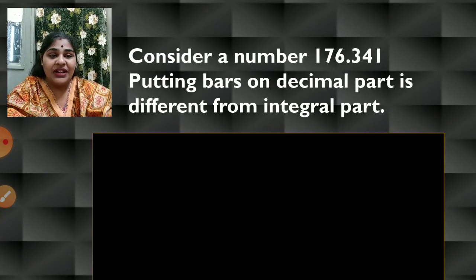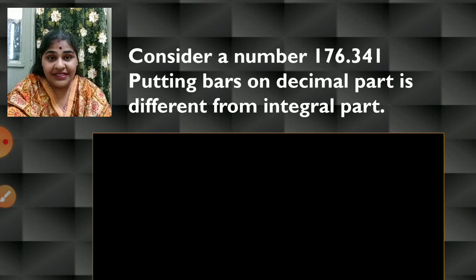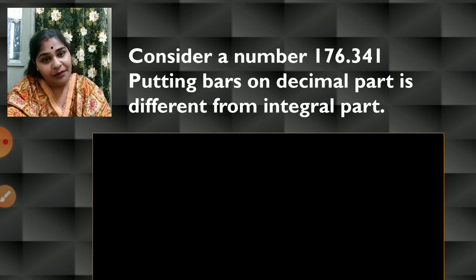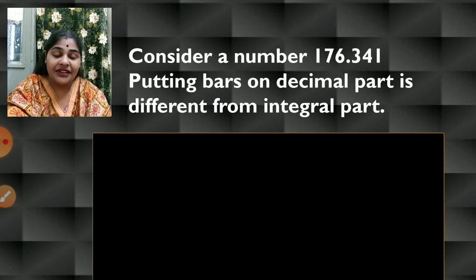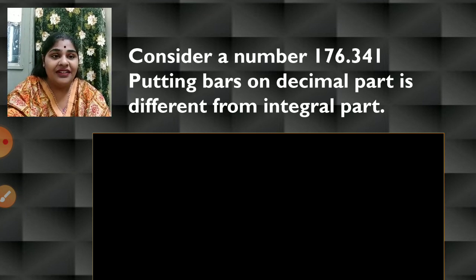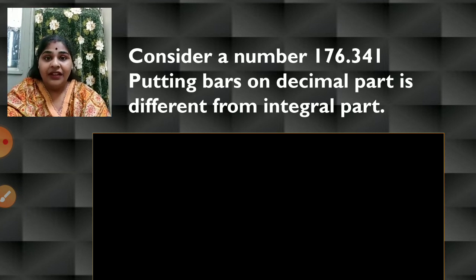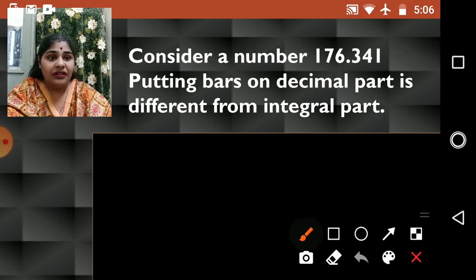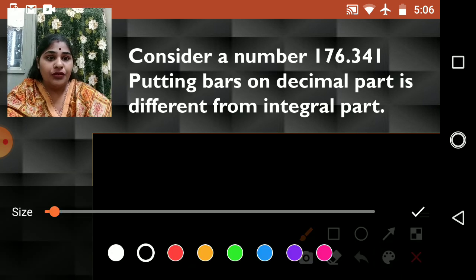So now consider a number. First we will see how to pair the numbers. Same division method only we are going to see, children. So consider a number over here, that is 176.341. So putting bars on the decimal part is different from the integral part.